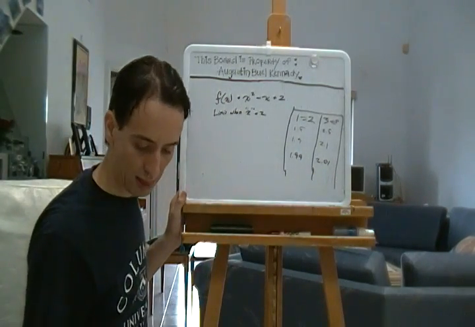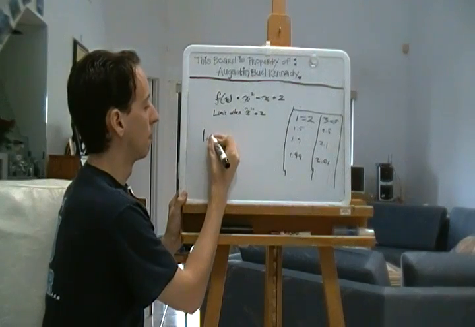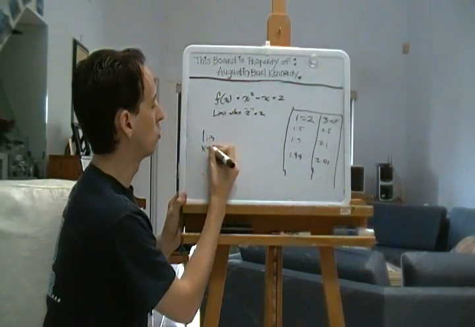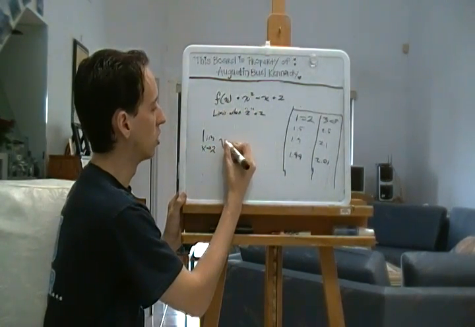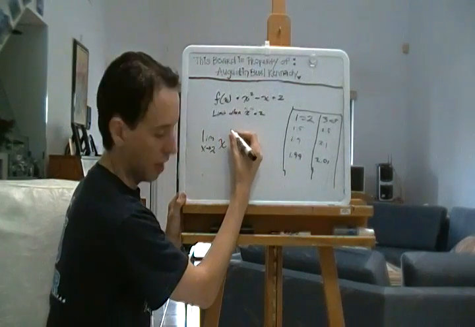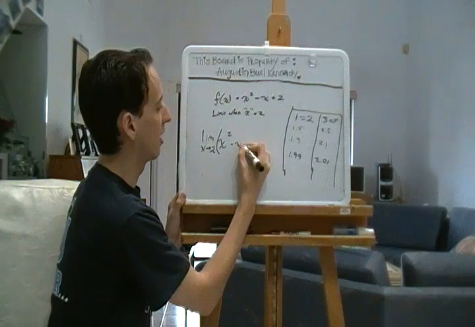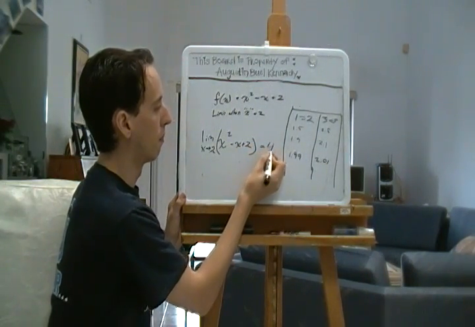So the way that we write this is like such. The limit, LIM, as x approaches 2 of the function x squared minus x plus 2 equals 4.